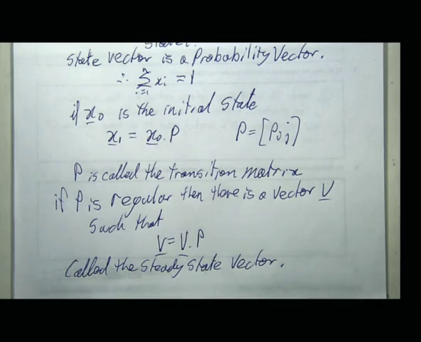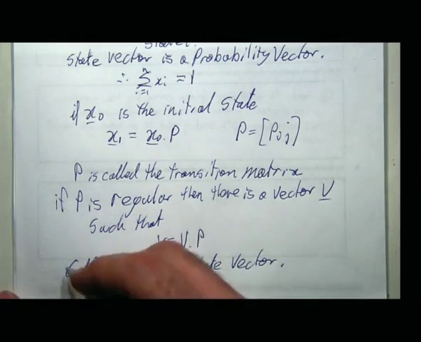Okay. If P is not regular, the situation is more complicated, and we can say something about steady state, but like I say, there is a whole lot of stuff that happens with Markov chains, and you are really just scratching the surface so that you've heard of them. You have some idea what they're talking about when they come up. Okay, regular.